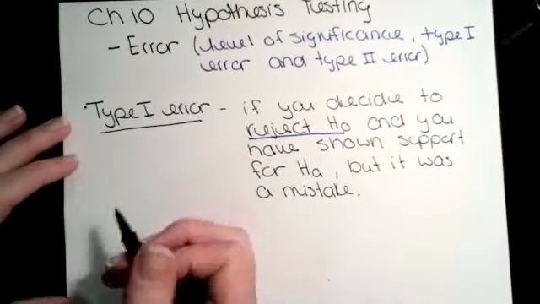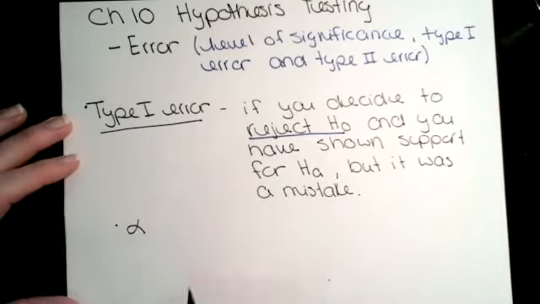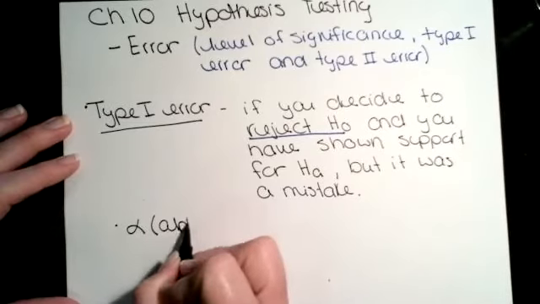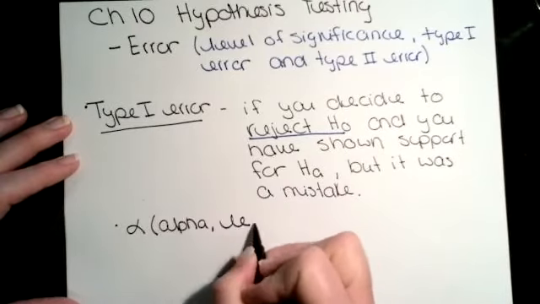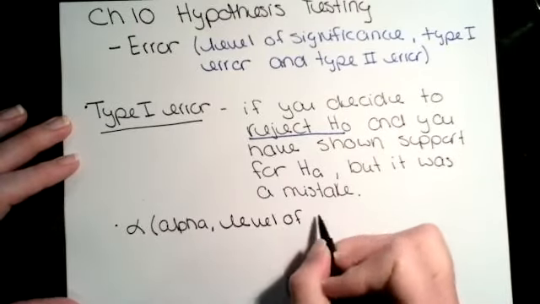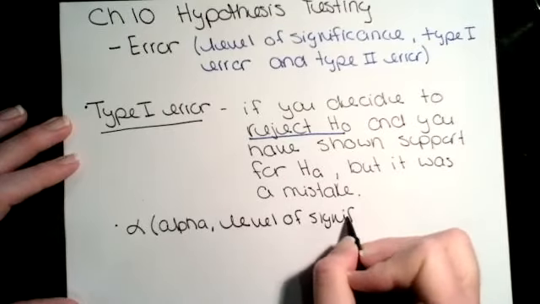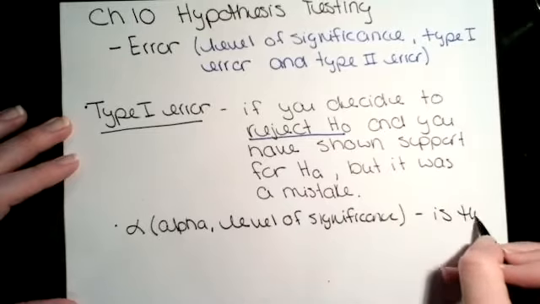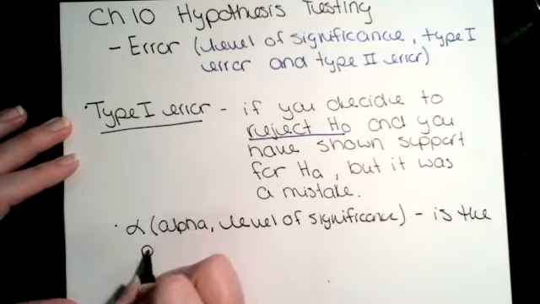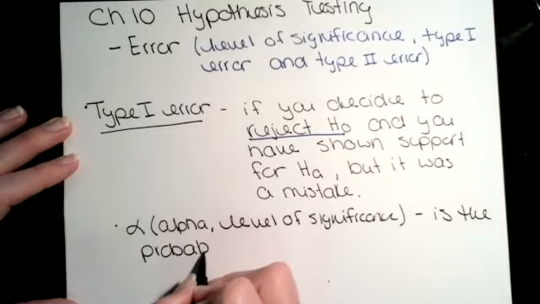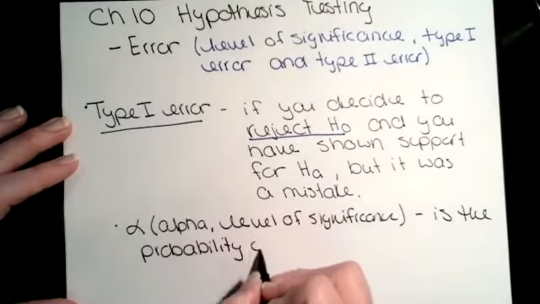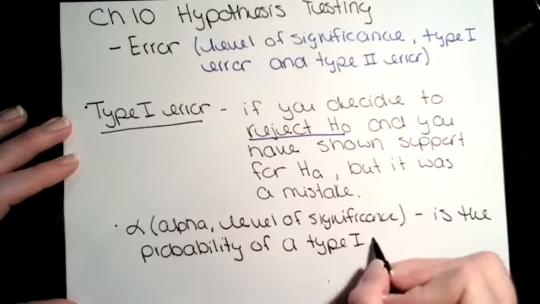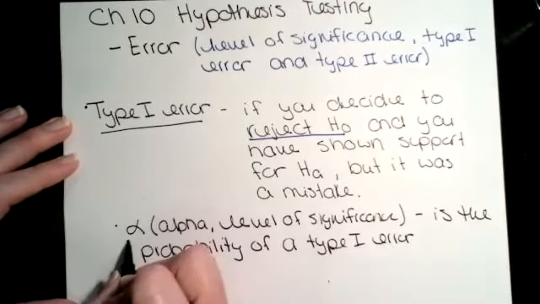The probability of this error occurring is alpha. Remember, alpha is also called the level of significance. And this is the probability of a type 1 error occurring.